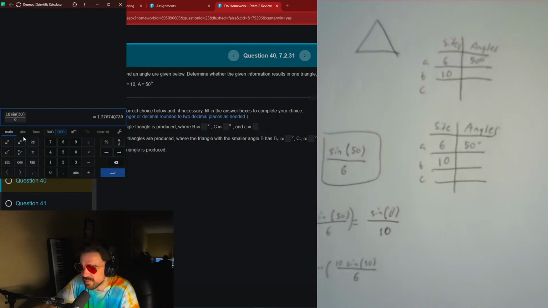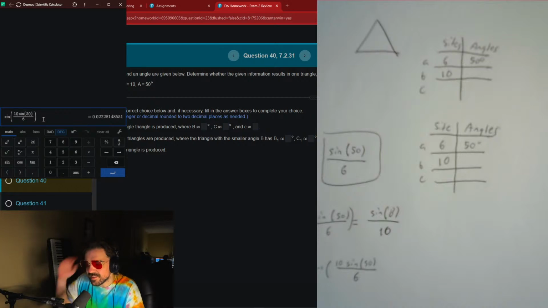Gotta find the inverse. Almost messed it up already, dude. I just got started. That doesn't look right. I'm trying to find angle B.